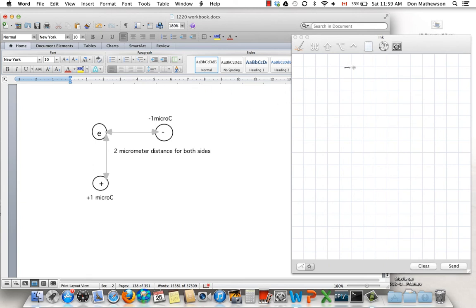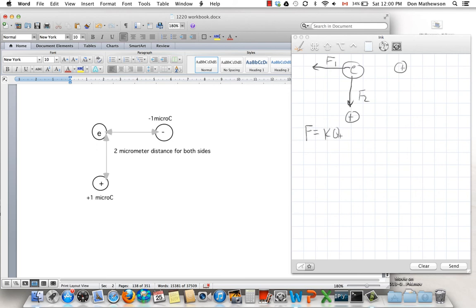So this negative electron is going to be repelled from the first charge, and it's going to be attracted to the second. And because the two charges are the same and the two distances are the same, both of these forces will have the same magnitude. So what is the magnitude of those two?